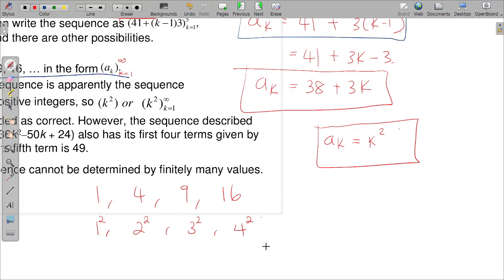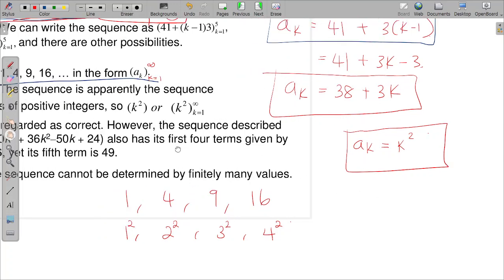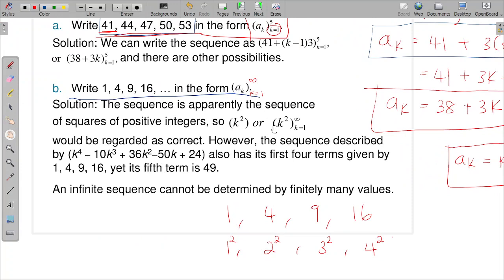When k is 3, 3 raised to power 2. When k is 4, 4 raised to power 2. When k is 5, 5 raised to power 2, like that. So our a_k in this example is k raised to power 2. Of course, we can also define the term in another way, but just go with this simple term here.